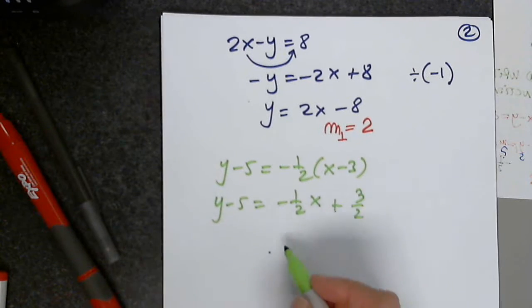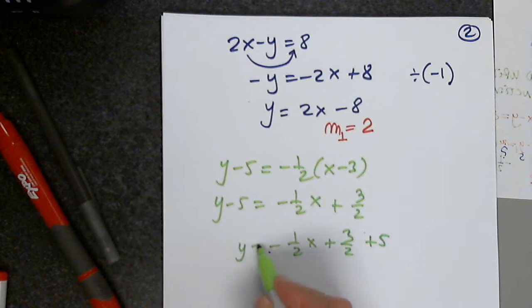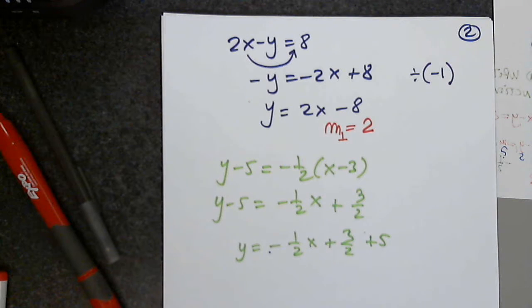And now I have to add 5. -1/2 x plus 3/2 plus 5. Are we okay so far? Do we understand these steps? Any questions? Let's stop for a moment. Any questions? Anyone? Tori, is this okay? Okay, with a slope. Okay, any questions? Danielle, are you okay? Any questions?